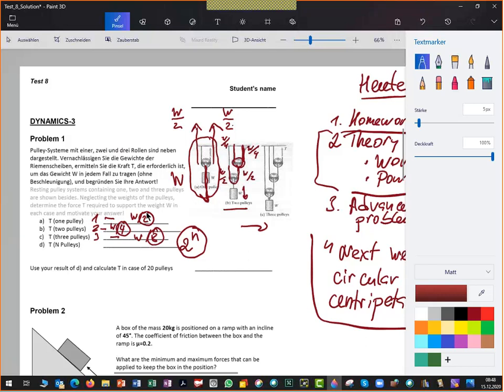That means, in general, if we have n pulleys, then the tension will be equal to 1 divided by 2 to the power of n. And that means in a case of 20 pulleys, the tension must be equal to 1 divided by 2 to the power of 20. So if you calculate it, this is fine, but if you don't, it's a big number. And I think this is the way you can algebraically model this system.